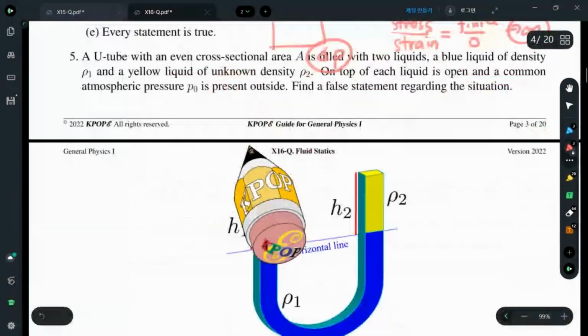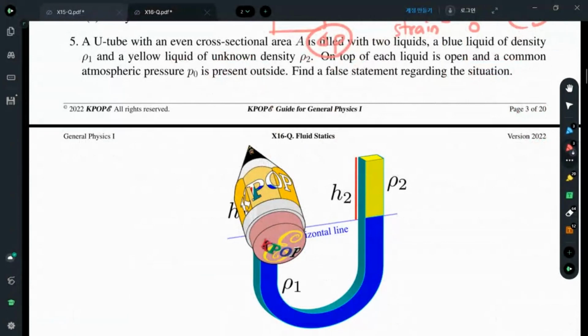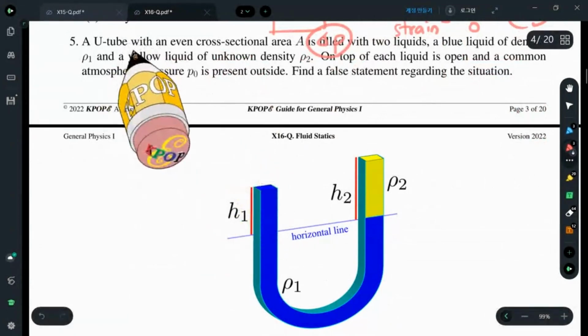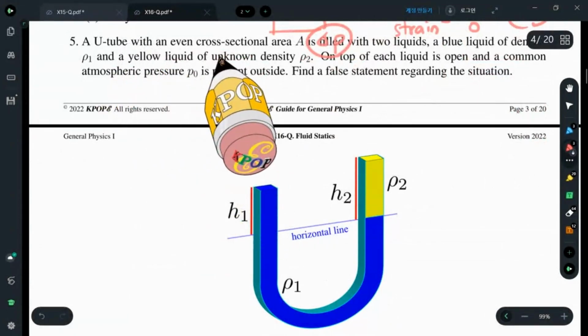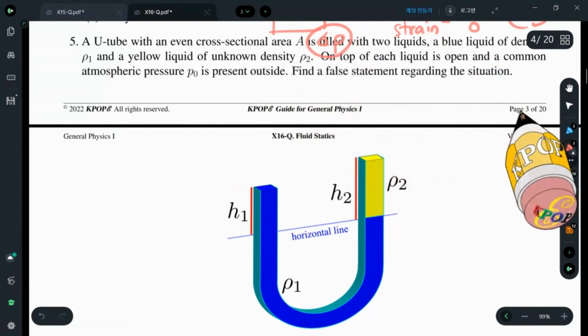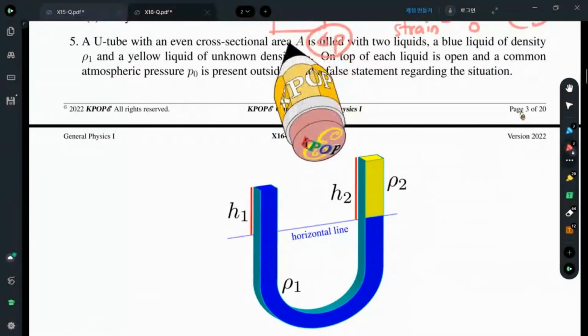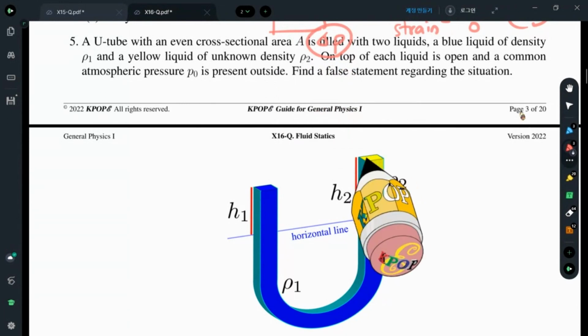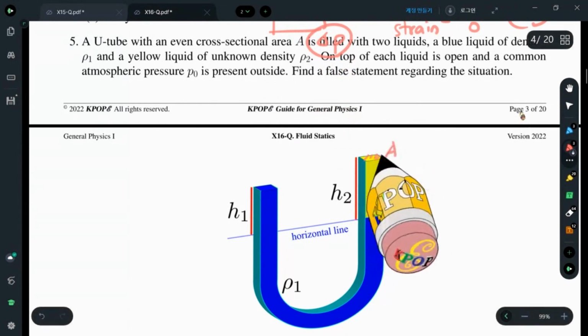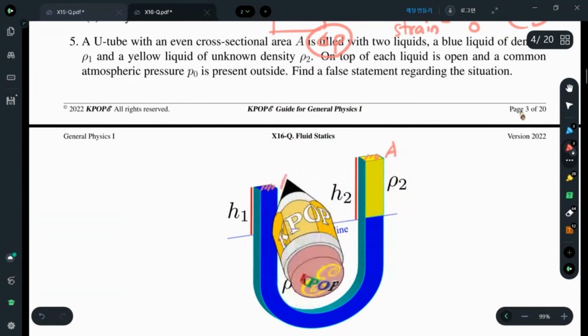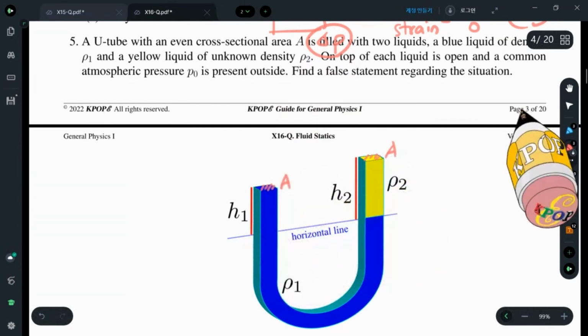That's correct. This is a U-tube. A U-tube with an even cross-sectional area, actually it doesn't have to be the same. The cross-sectional area is independent, but as the simplest case, we consider the cross-sectional area A to be the same everywhere.